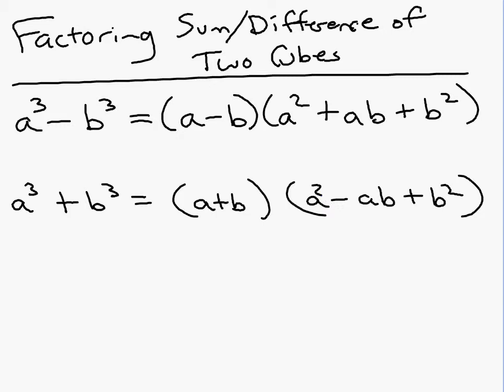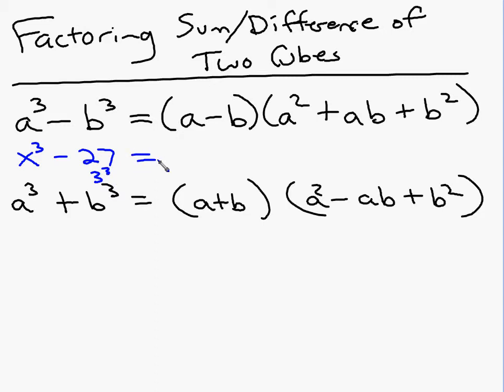Let's say that I had x cubed minus 27. Does everybody recognize that that is the difference of two perfect cubes? That's why I had you get your root sheet out. Isn't 3 cubed 27? Right? 3 cubed is 27.